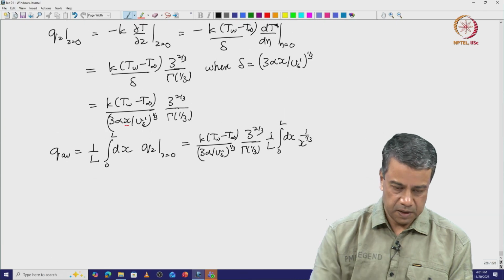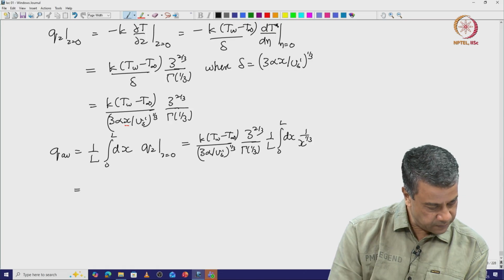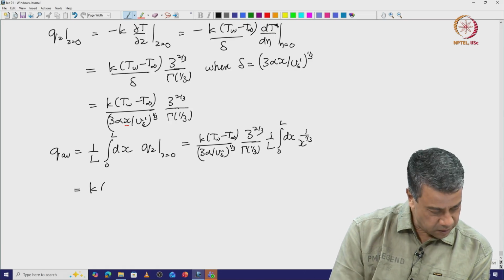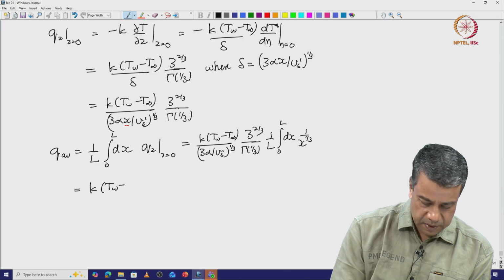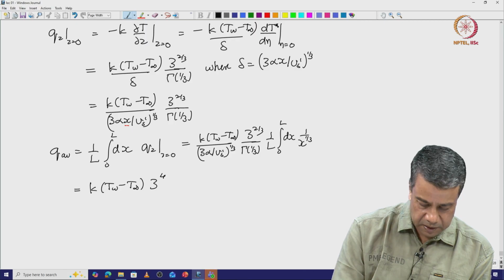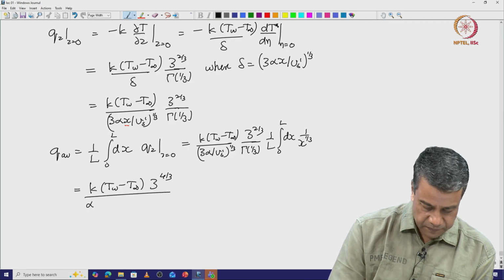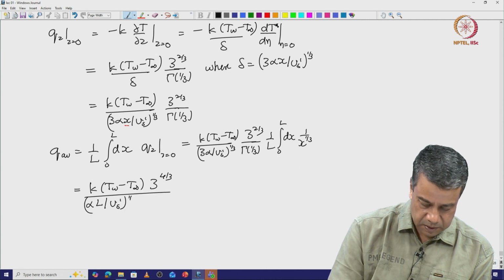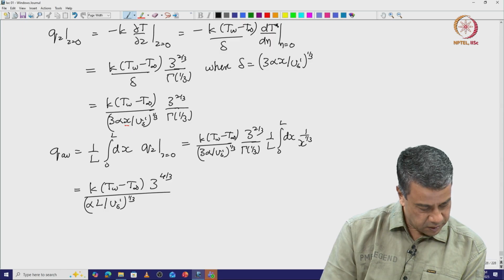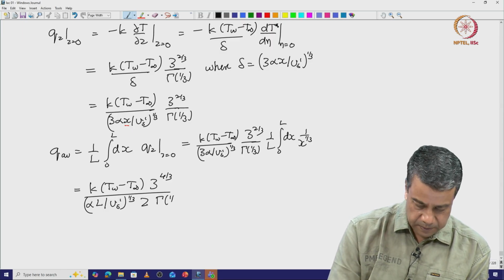Okay. And the final expression you will get for Q average is equal to k into (T_w minus T_infinity), into 3 power 4 by 3 divided by (alpha L by Vs prime) whole power 1/3, into 2 gamma of 1/3.